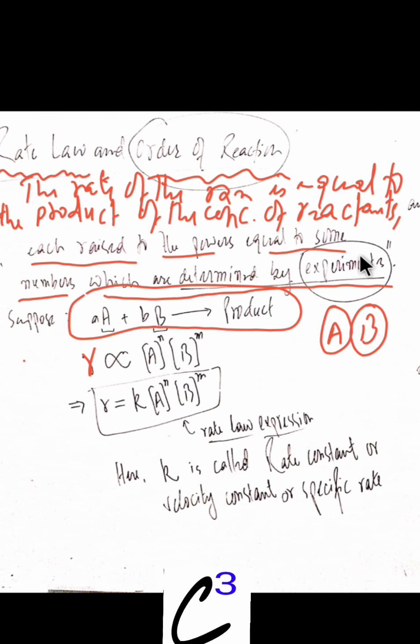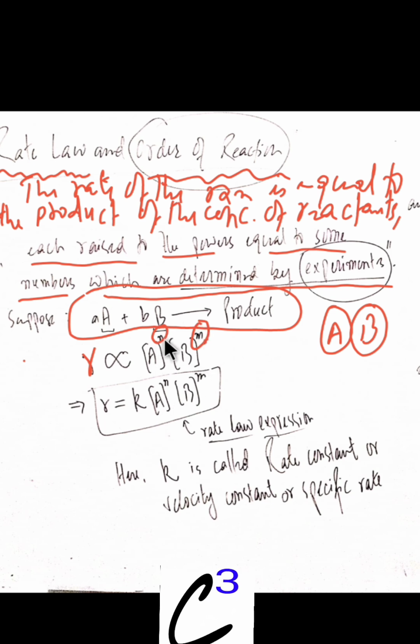that are determined by experiments. So here small a does not come here, small b does not come here. Okay, so this n and small m are some numbers which are determined from experiments.